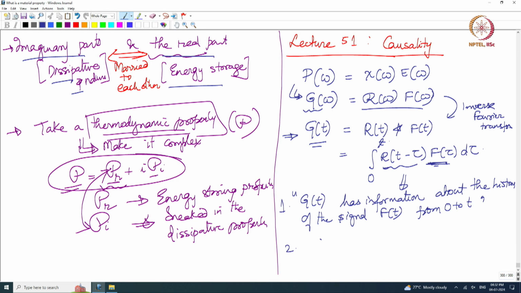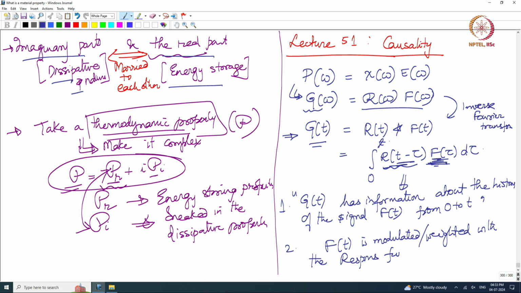And point number 2: this property r of t minus tau you have to multiply with f of tau. So you have to modulate f of tau with r so as to give g of t. So f of t is modulated, or weighted, with the response function. I always have to weigh my f with r of t minus tau to give the g of t.